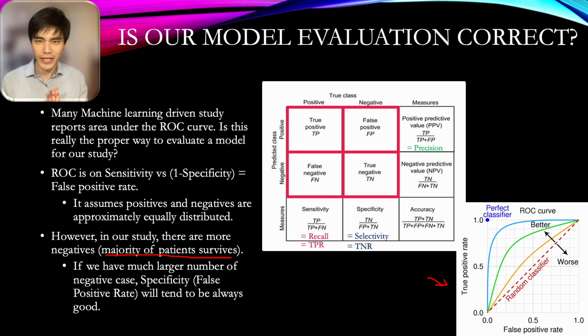So we can't really say that it's an equal distribution of positive and negative, dead or alive. In that case, if we have a much larger number of negative cases, specificity, the false positive rate, will tend to always be good. Let me describe this through an example in the next slide.